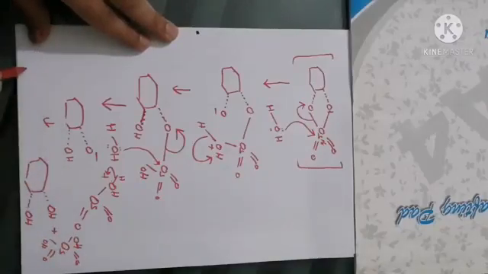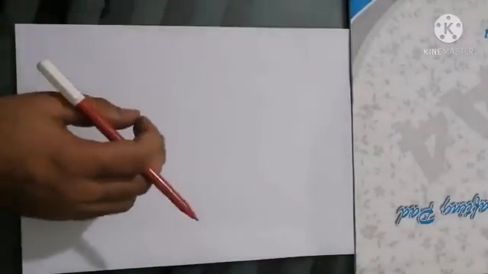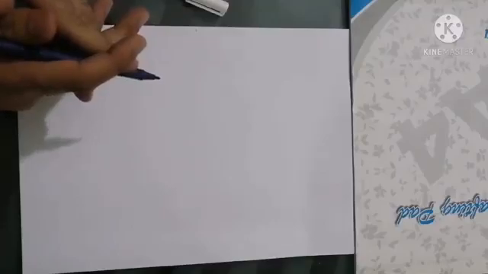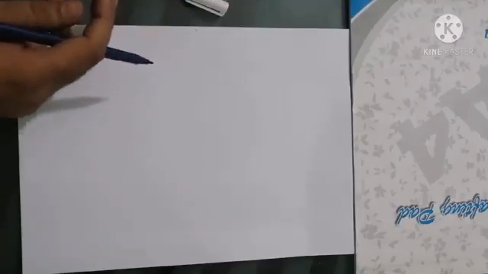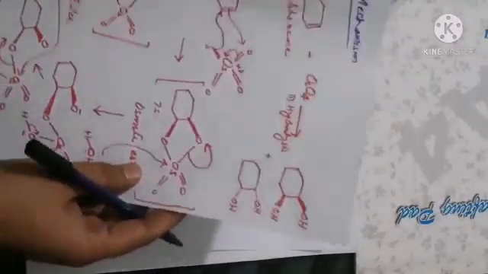So what is this? Cyclohexane 1,2-diol. The important thing to remember in this mechanism is that there are two steps.